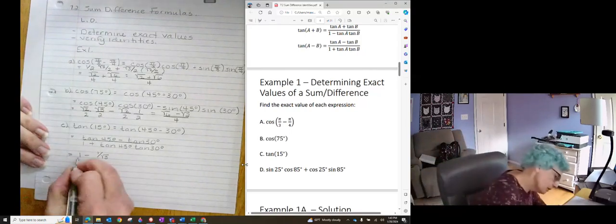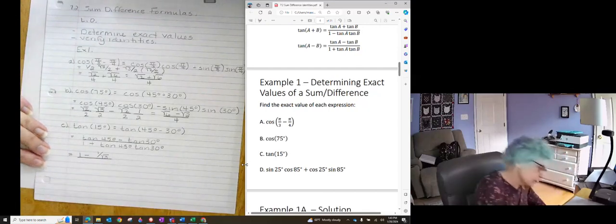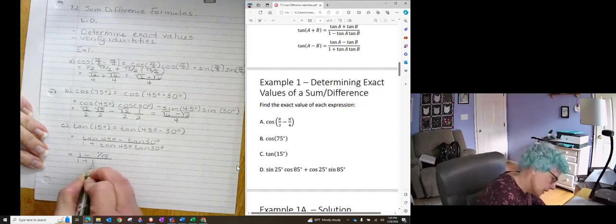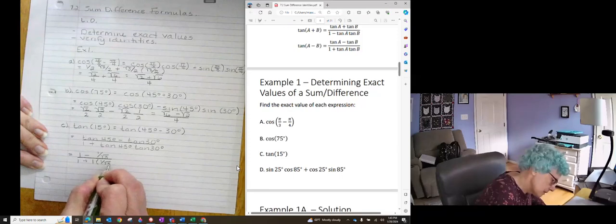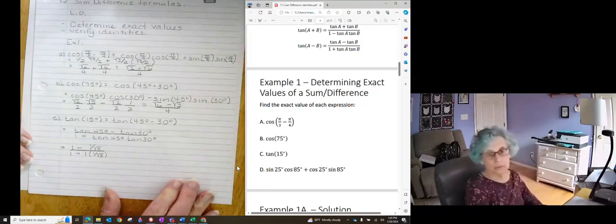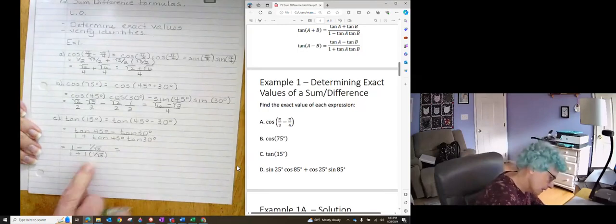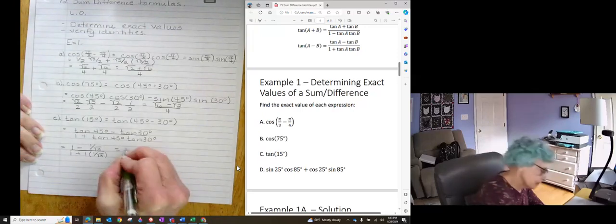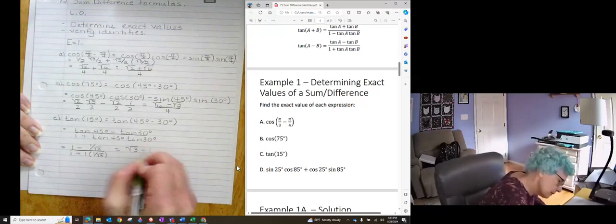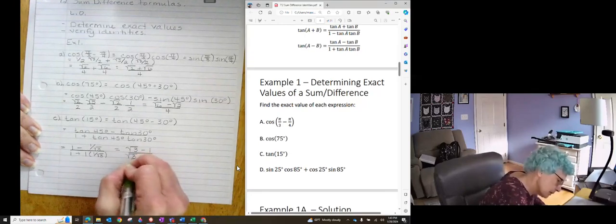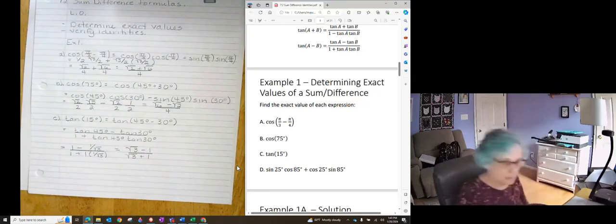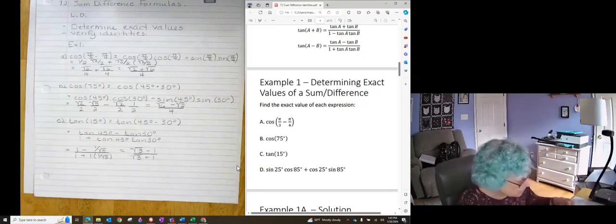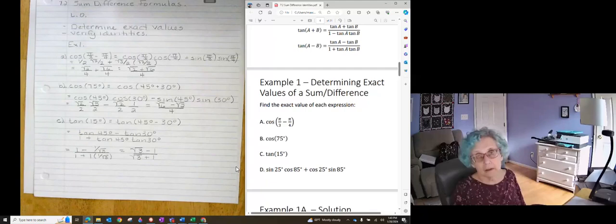The halves cancel, and you're left with 1 minus 1 over the square root of 3, then 1 plus 1 times 1 over square root of 3. So I would just multiply numerator and denominator by square root of 3. I get square root of 3 minus 1 over square root of 3 plus 1. And while I don't want an improper fraction, I don't mind a radical in the denominator.